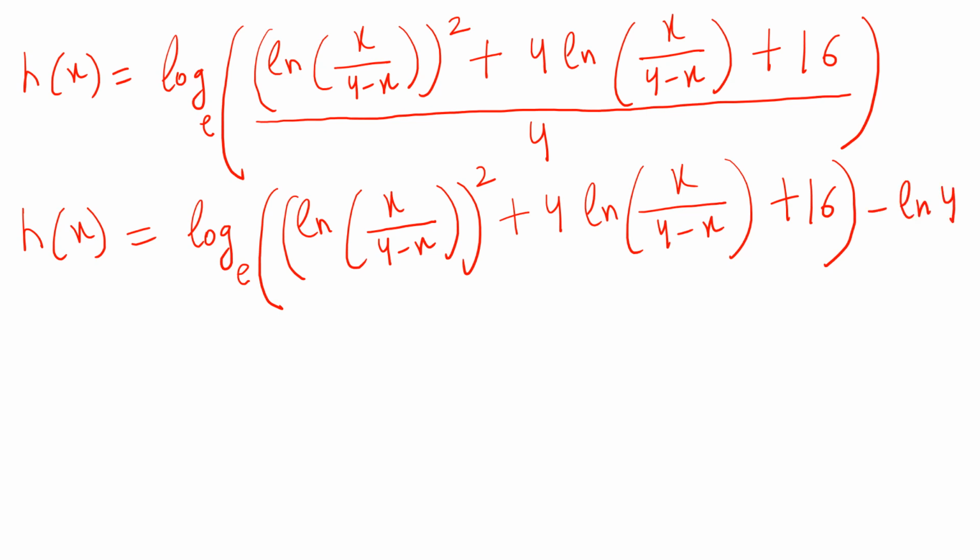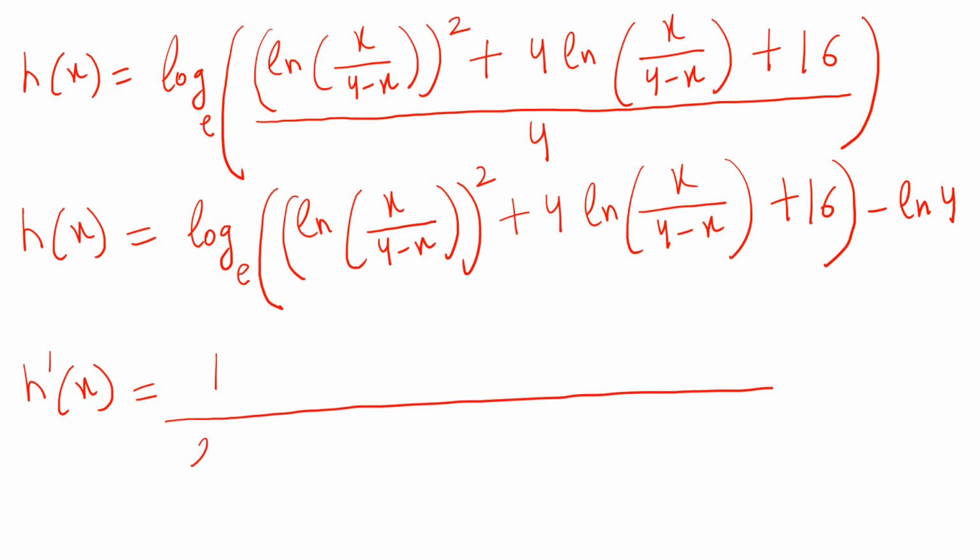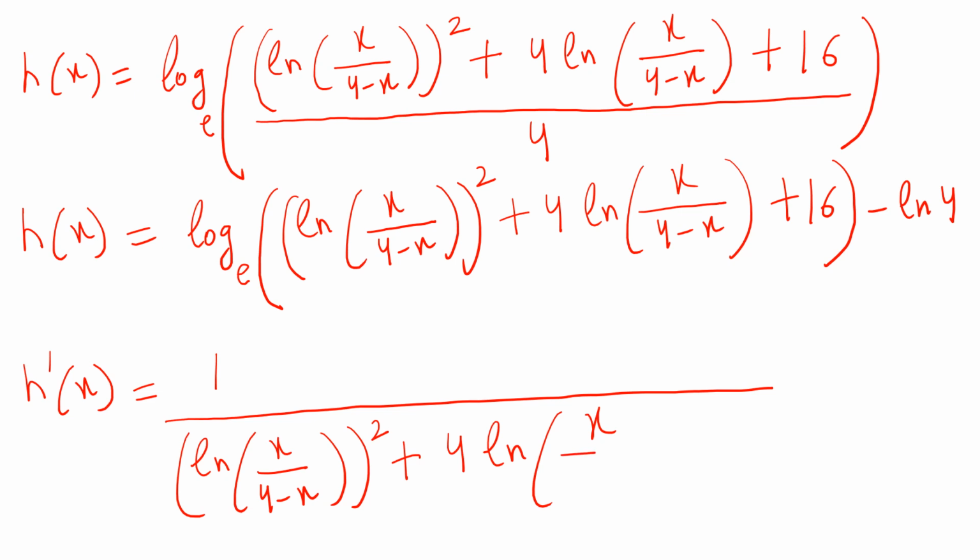Now students, we will differentiate the function h of x with respect to x. So h dash x becomes equal to, now to differentiate it, I will use chain rule. So this becomes 1 upon ((log natural of x upon (4 minus x)) whole square plus 4 into log natural of x upon (4 minus x) plus 16), and in the numerator we have 1 into inside the bracket.